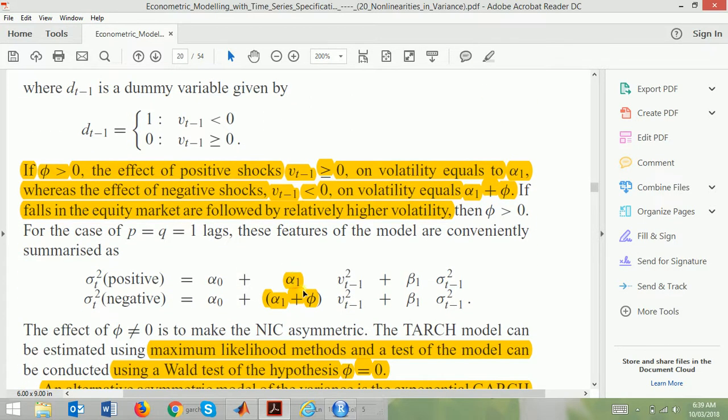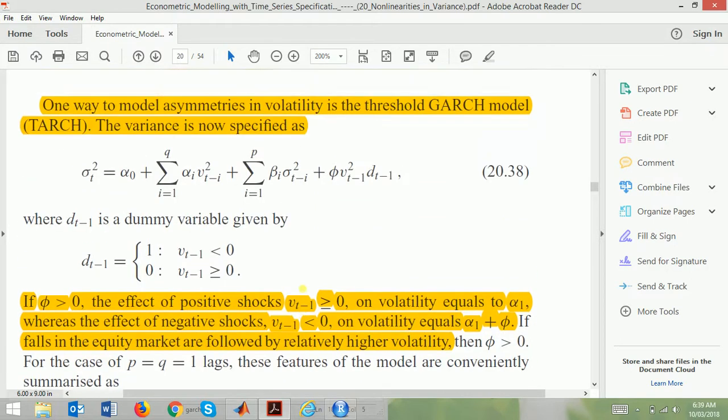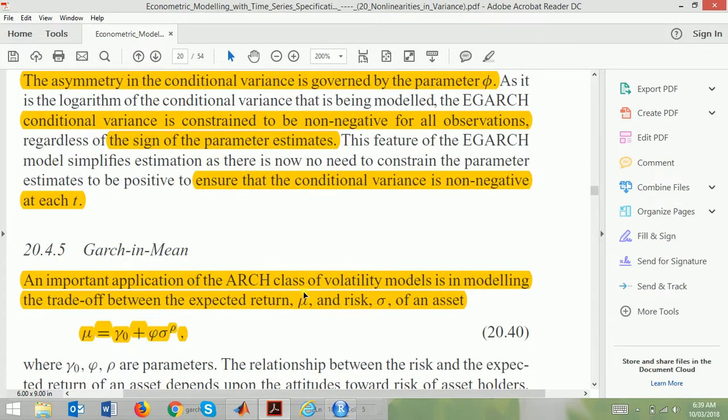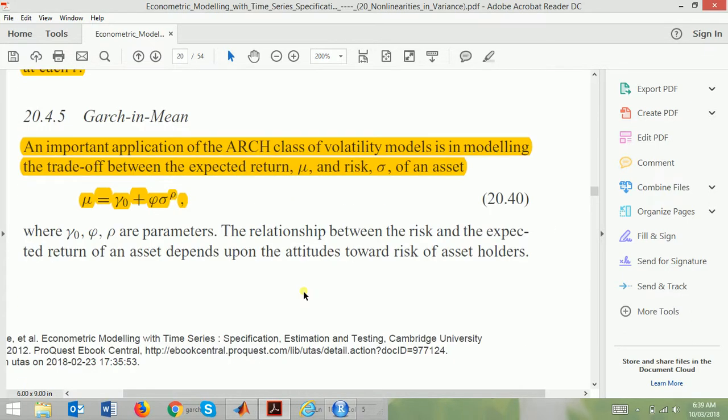If positive alpha 1, gamma will capture the fact that the shock is positive, and the positive and negative shocks. Oh no, that is something else. Is that the GARCH model I'm talking about? Yeah, GARCH model. Let's talk about GARCH-M.